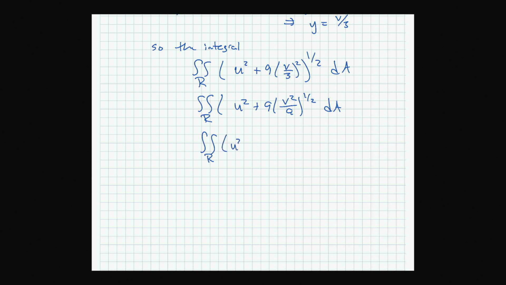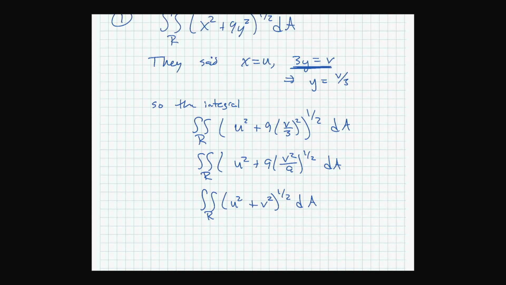I don't know why I felt like doing this first. I just did. So I just converted the integrand, but that's not what we were supposed to do. What we were supposed to do is we still need the region and we still need the Jacobian here.